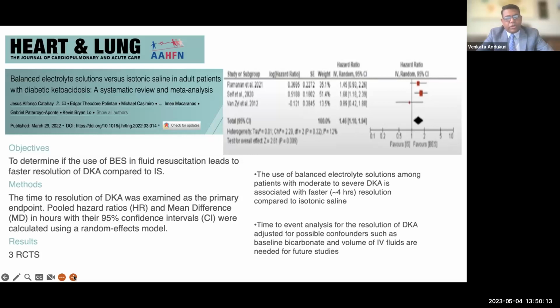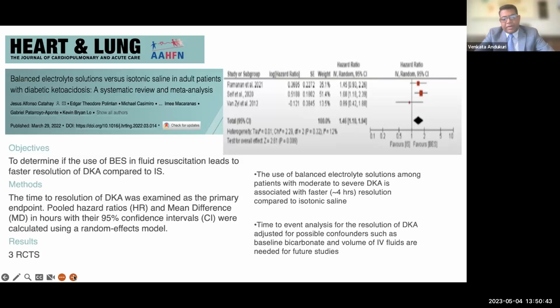So it looks like more and more crystalloids, and less and less fluid, is the trend we are seeing whenever we give a lot of fluids and boluses. If you look at the results, the use of balanced electrolyte solutions among patients with moderate to severe DKA is associated with about 4 hours faster resolution compared to isotonic saline.